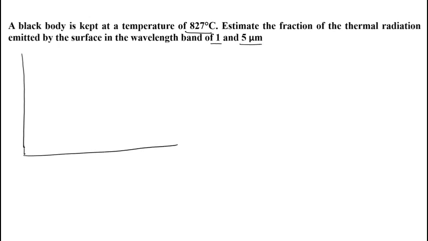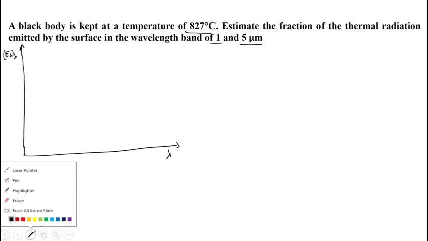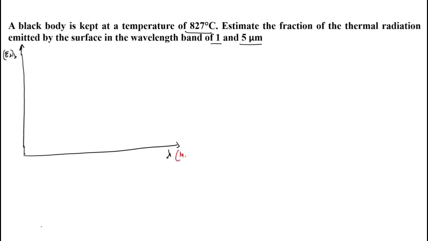Here the unit is watt per meter square per micrometer. The temperature T is 827 degrees Celsius. Converting into Kelvin, 827 plus 273 is 1100 Kelvin. So T is equal to 1100 Kelvin.